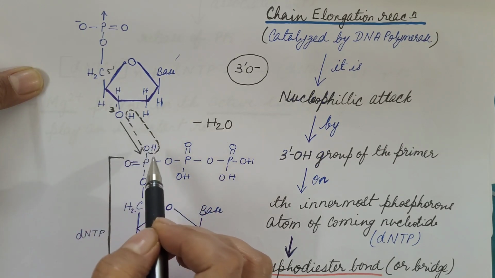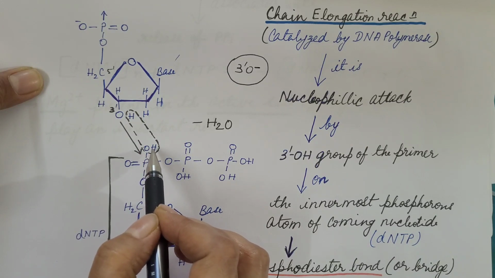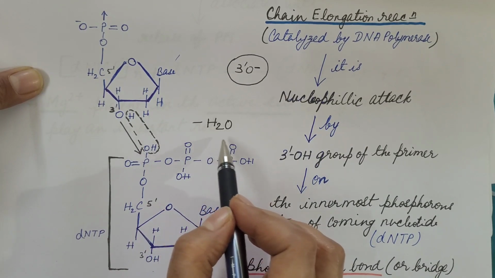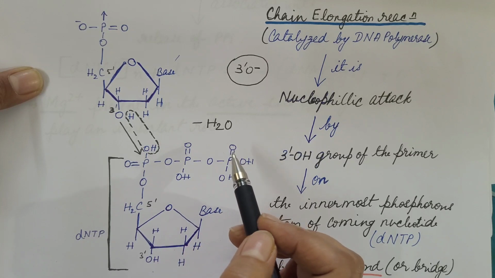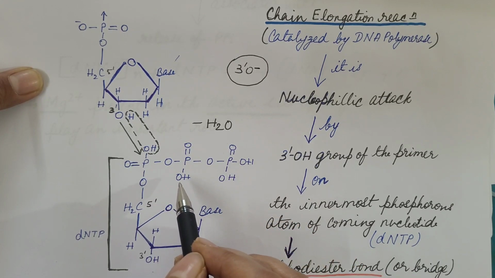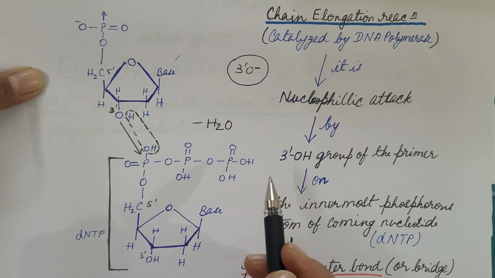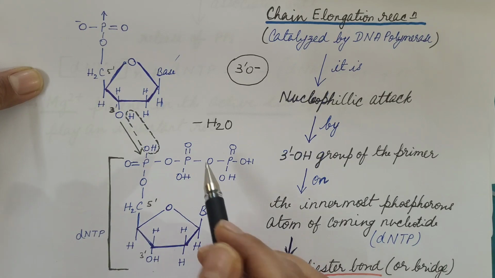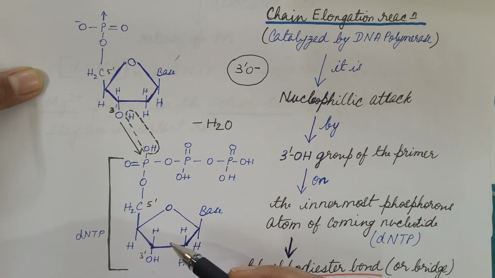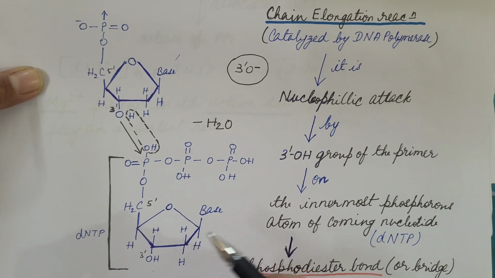This hydrogen atom along with OH is released in the form of a water molecule, and it also results in the release of pyrophosphate. In this way, one by one nucleotides are added and chain elongation or extension of the chain takes place.